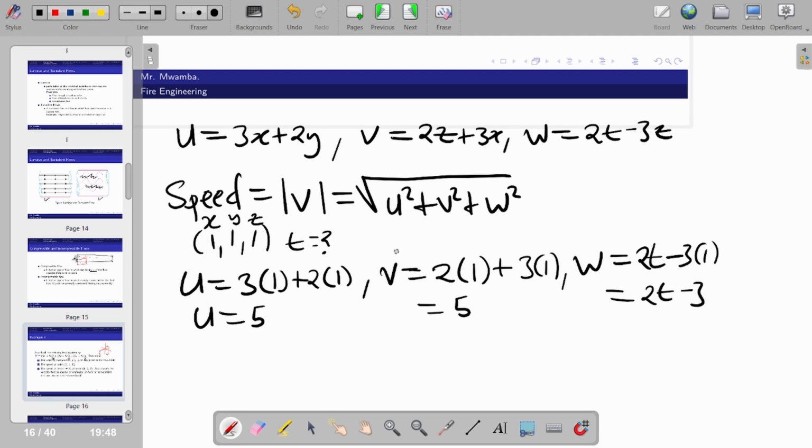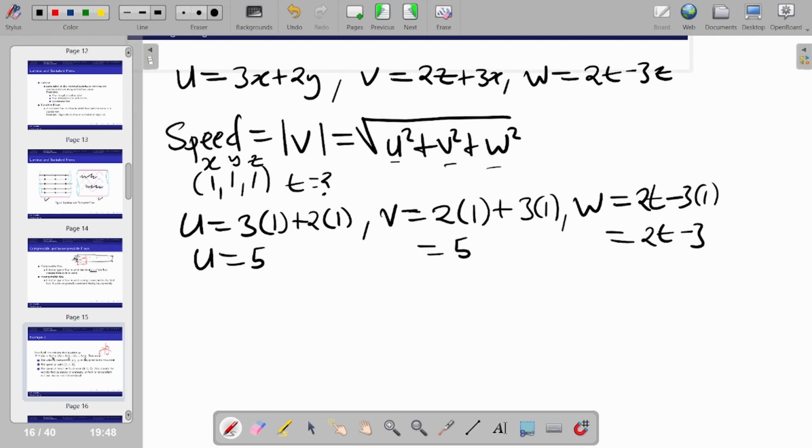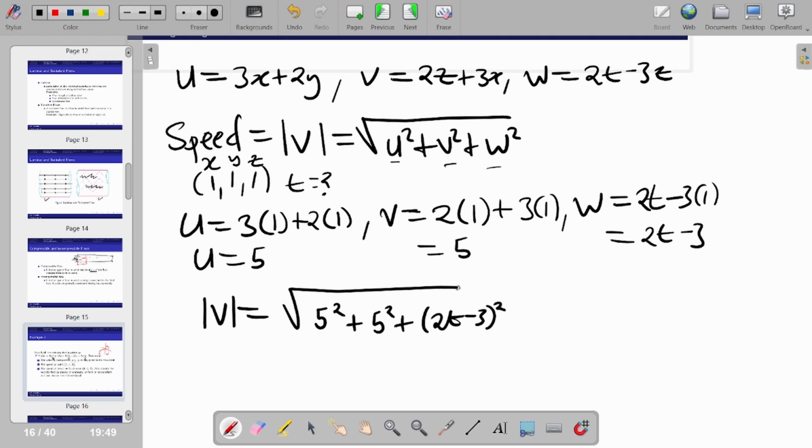Then we substitute each and every one of them here. So the speed will be given by the square root of 5 squared plus 5 squared plus 2t minus 3 squared, everything under one root.